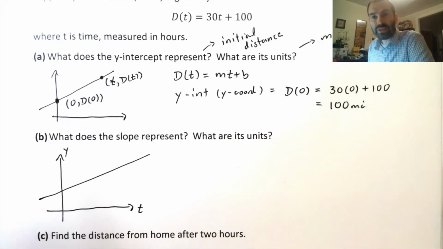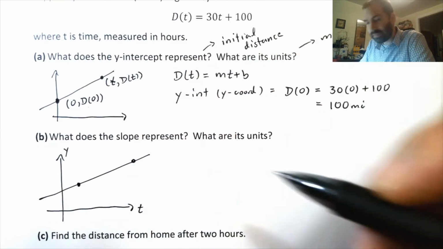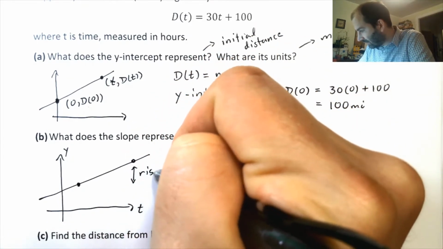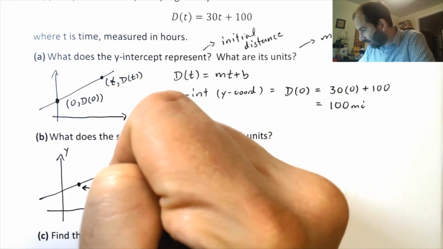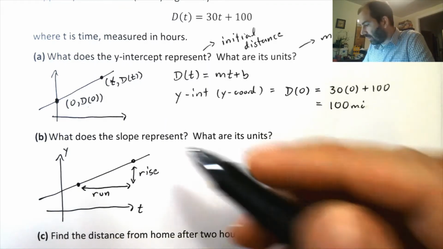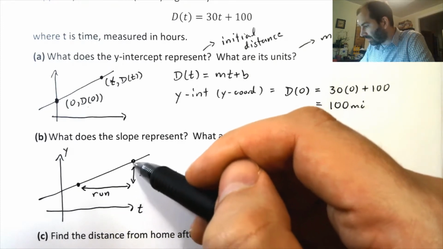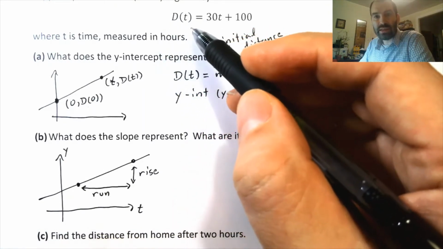How do I measure slope? Well, I take 2 points on my line, and I measure the rise divided by the run. Now, the rise is the change in y values. That's the change in values of d.